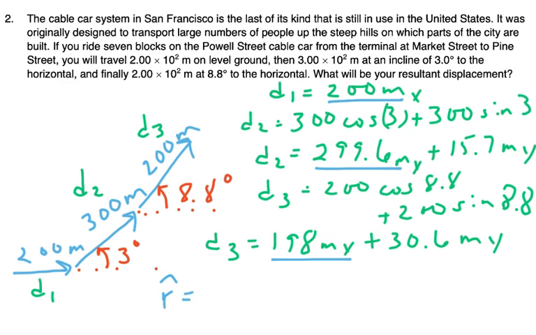So you end up with 697 meters in the x direction, and then do the same thing with all the y components. So the first displacement vector doesn't have a vertical component, so you don't have to worry about that. The second one is 15.7 meters in the y direction, and the third one is 30.6 meters in the y direction. You add them together, get 46.3.